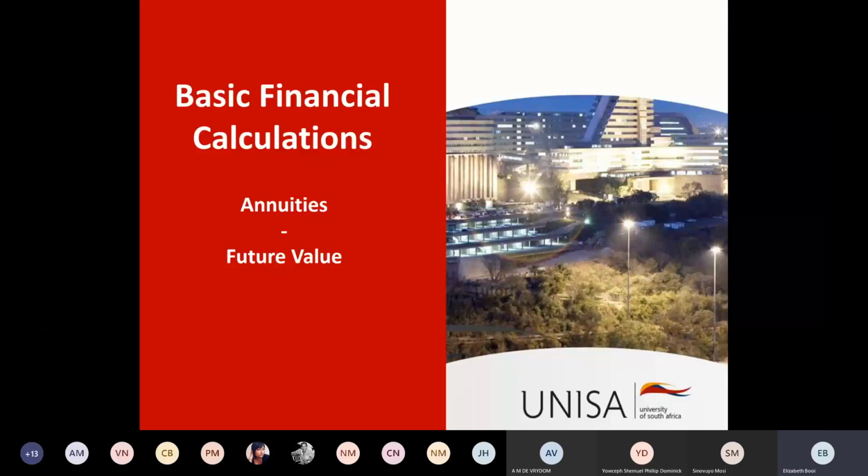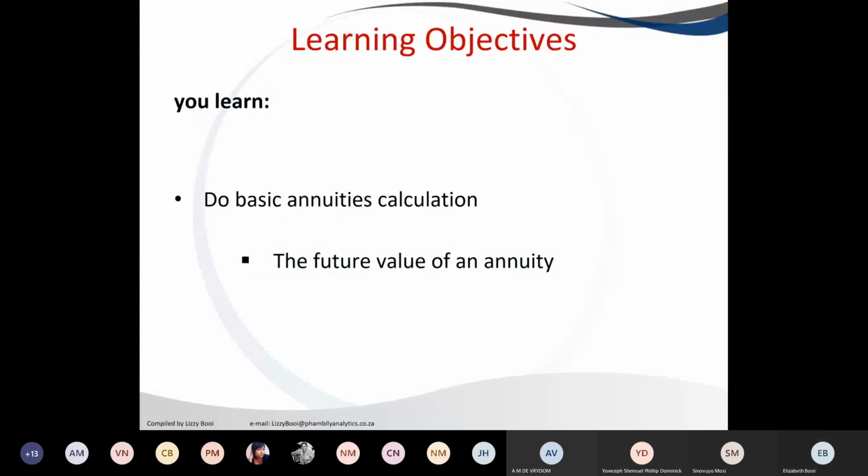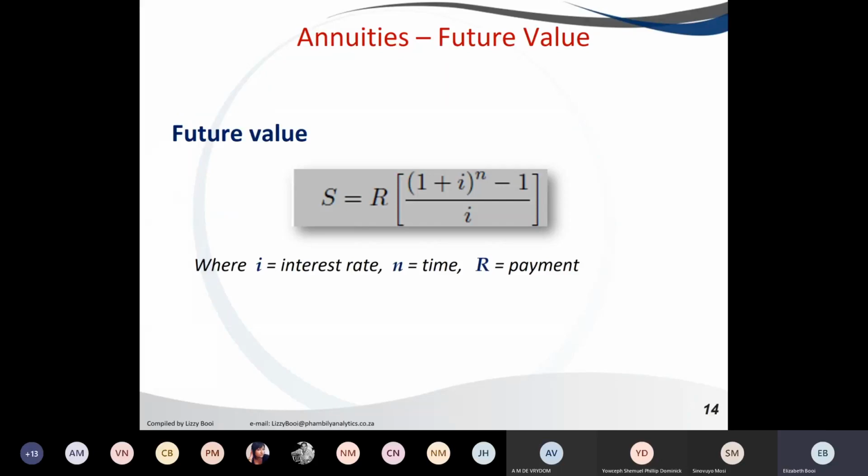Second half, we're going to look at how we calculate a future value of an annuity. By the end of 30 minutes, we should be able to know how to calculate the future value of an annuity. And the formula we use is S, which represents the future value, equals R, which is your payment, times the accumulation factor, which will be (1 plus i) to the power n, minus 1, divided by i, where i is our interest.